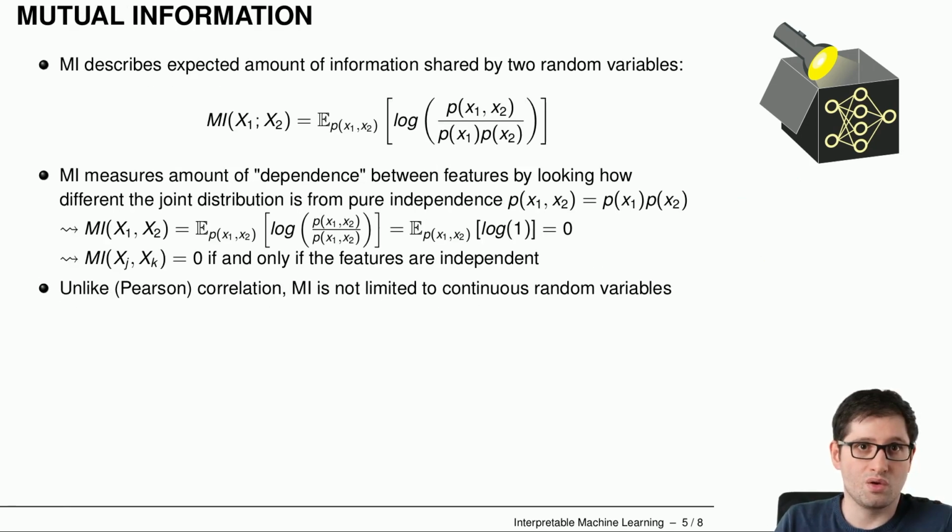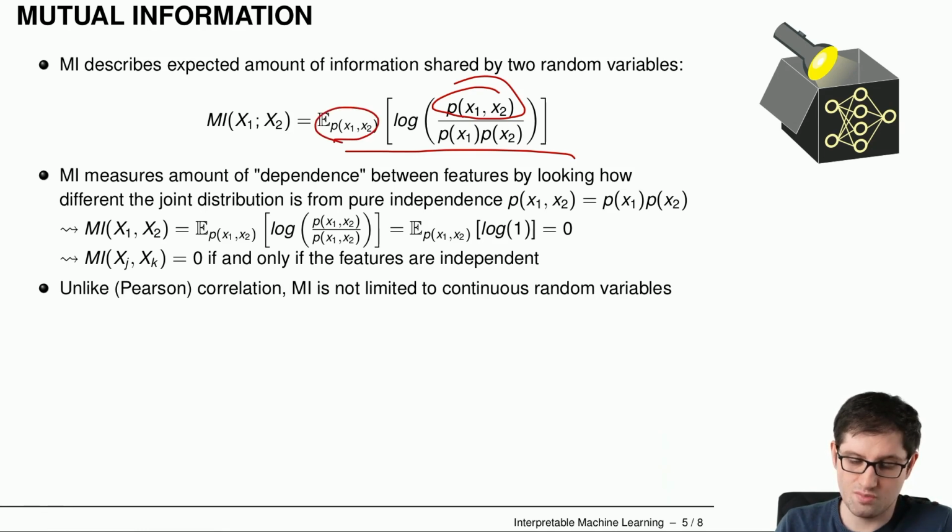Now we will look at the mutual information. Essentially, we are looking at the expectation with respect to the joint distribution of the logarithm of the joint distribution divided by the product of the two marginal distributions. It measures the amount of dependence, so to say, by looking at how different the joint distribution is from pure independence.